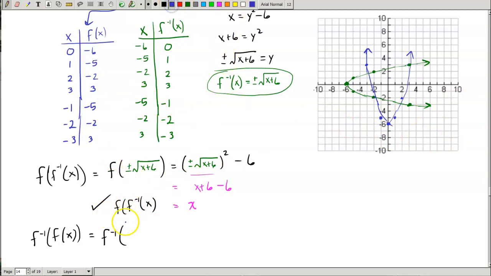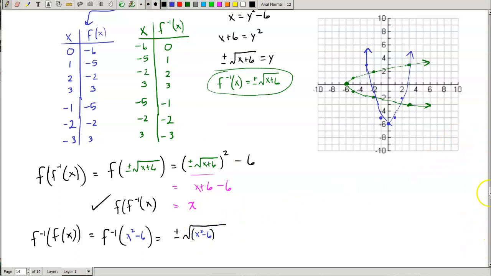So I would be plugging in x squared minus 6 here. And here now I have plus or minus the square root of x plus 6, but instead of x, I have an x squared minus 6. So I'm going to take this x squared minus 6 and plug it in.